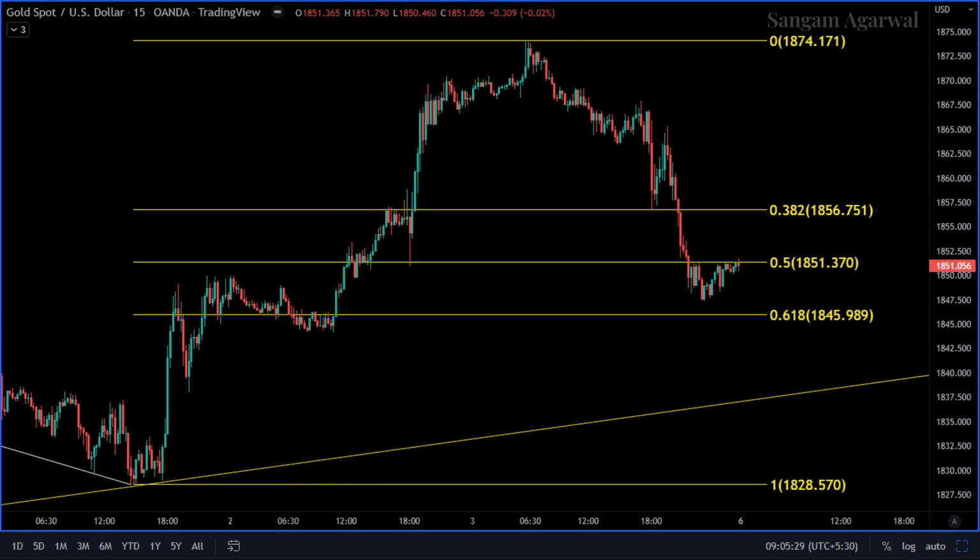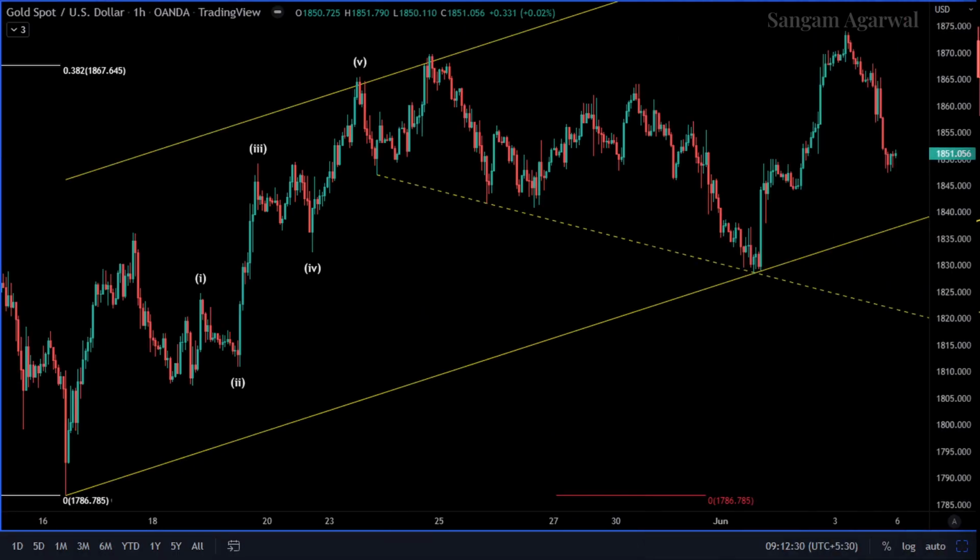We will go to the H1 time frame, and you can see this complete trend started from 1786 and made a top here. Then this last leg started after a 50% retracement. So this is the bottom of our trend, and this is the bottom of the retracement.